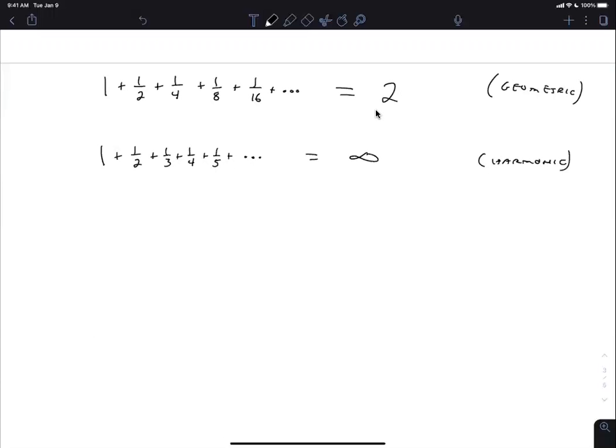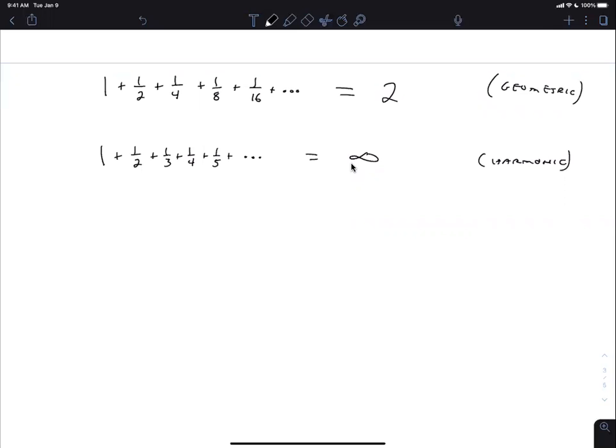And somehow you don't just jump a little bit, you jump from 2 to infinity, which is weird. That is weird to think about, but that is true. These are 2 different series where the sequences do go to 0, but the series do 2 completely different things. The sum of this approaches 2, the sum of this approaches infinity. Huge, huge deal. Question so far?